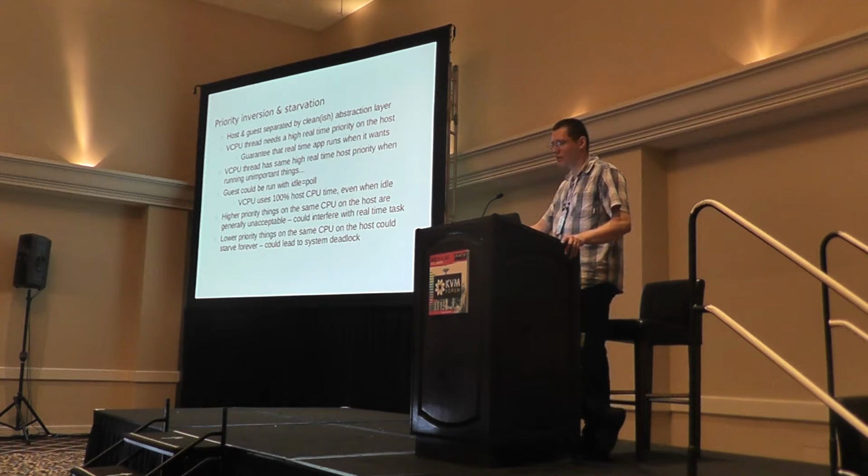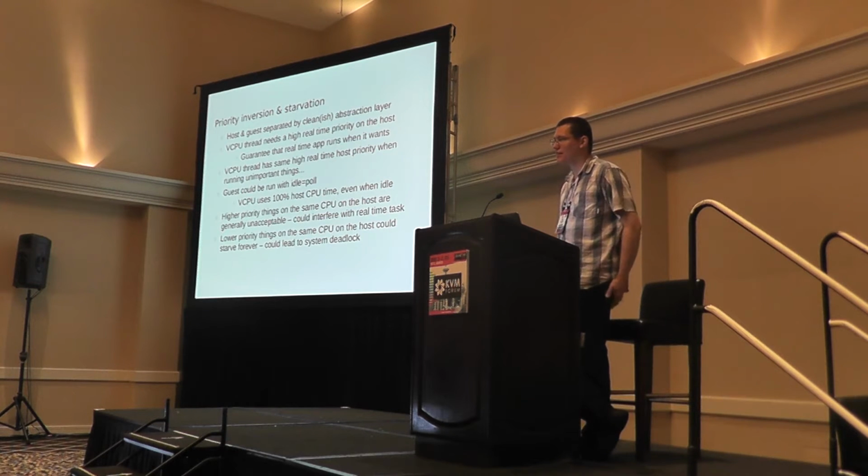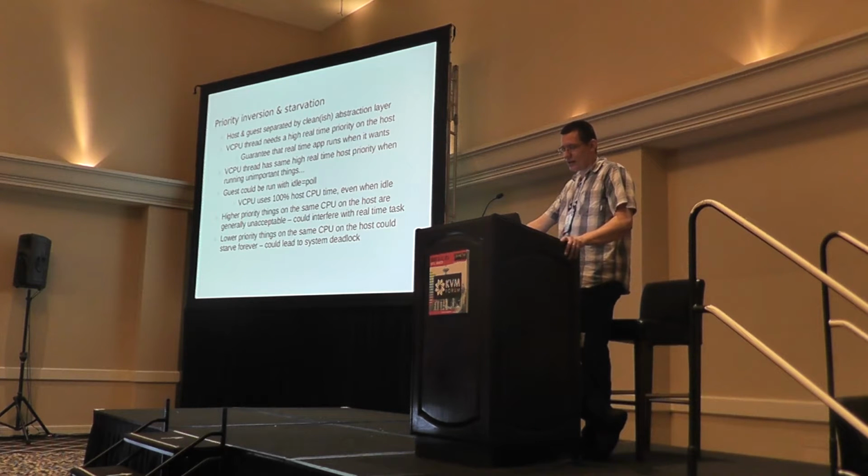Priority inversion and priority inheritance is another issue that we cannot handle in a virtualized environment, because the host does not know what locks are being held by tasks in different vCPUs. A vCPU thread running a very high priority program may need to take a lock that is held by a vCPU running a much lower priority program.